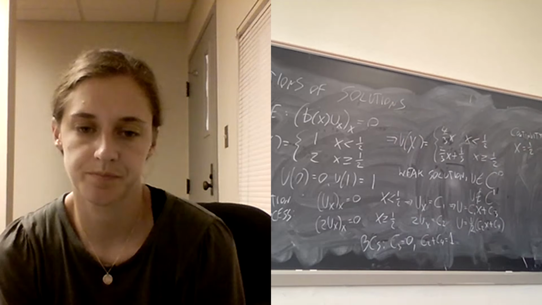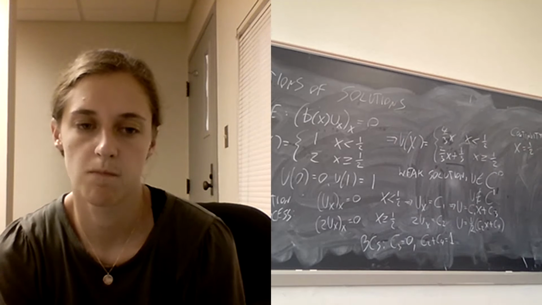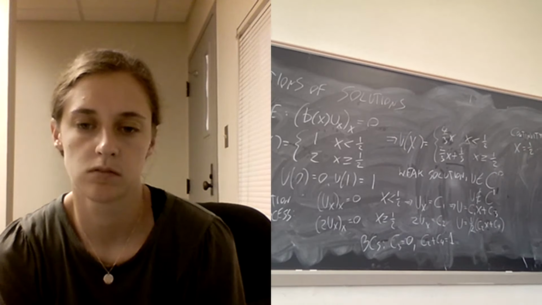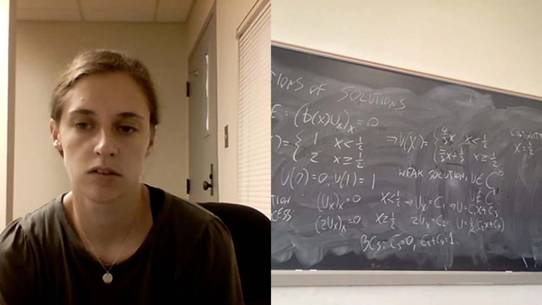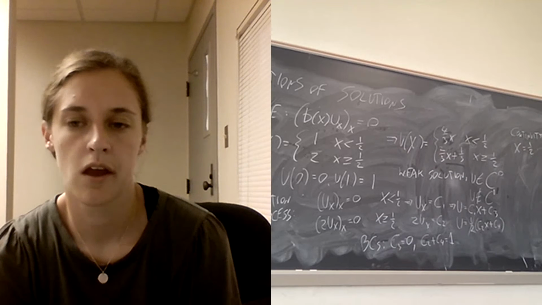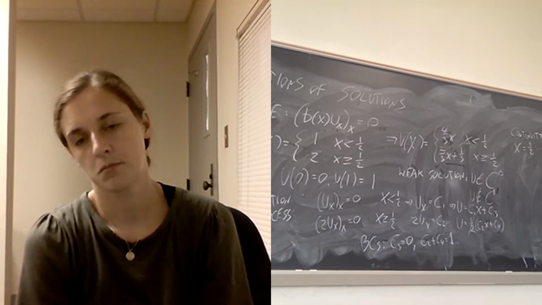So u is equal to C1 times 1/2 for the first piece, and then u is equal to C2 times 1/2, and then for C4, that's the same as 1 minus C2.